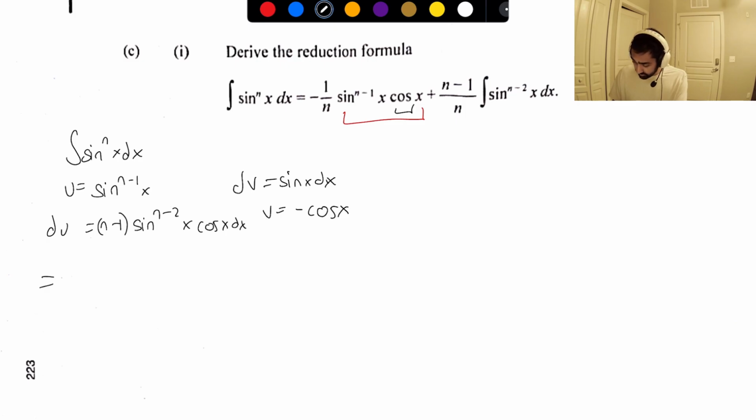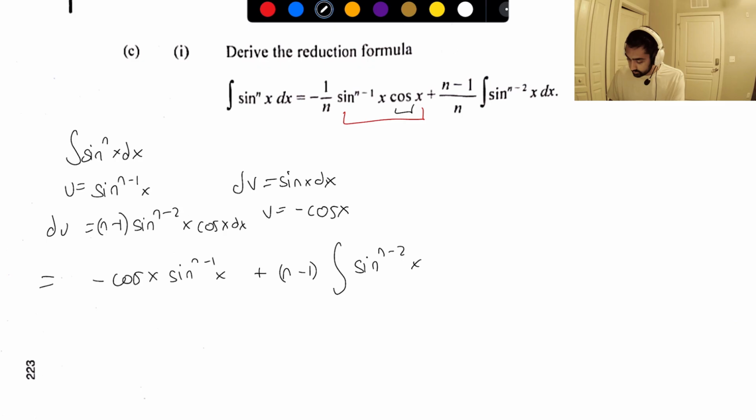If I use integration by parts now, uv is going to be minus cosine x sine to the n minus 1 x, and then minus integral v du, and then there's a minus sign for this v, so that becomes a plus. I can pull the n minus 1 factor out. It's n minus 1 integral sine to the n minus 2 x cosine squared x dx.